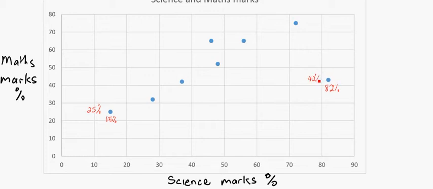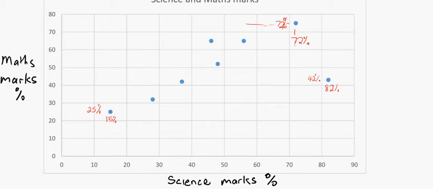So good at science, but not quite so good at maths. This person here has got quite a good mark for science, 72%, and also quite a good mark for maths, 72%. And we're reading that going across and that one going down.